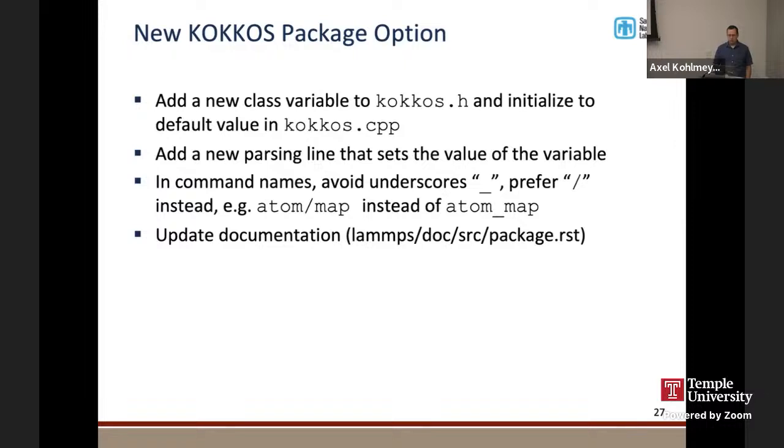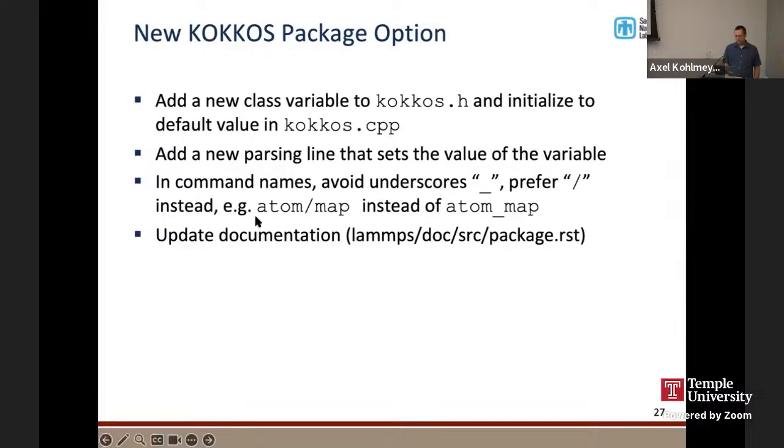If you want to add a new Kokkos package option, then you would go to kokkos.h and add a new class variable. You initialize it to some default value in the .cpp file, and then you'd copy and add a new parsing line that sets the value of the variable based on some command name. And one thing to point out is that in command names, we prefer a slash instead of underscores.